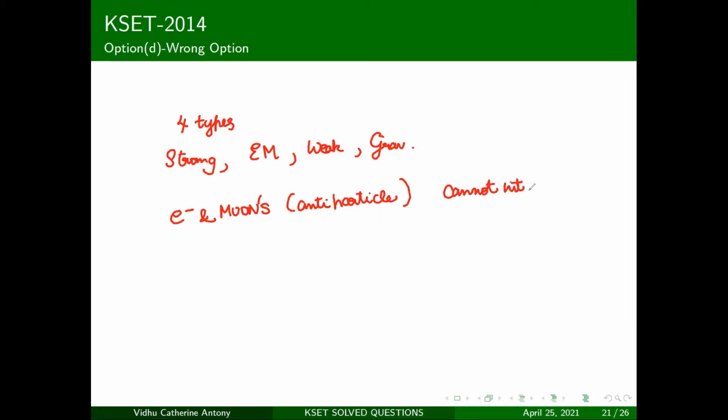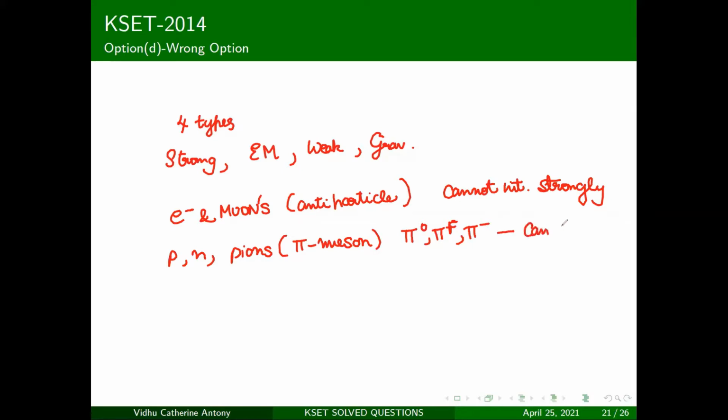The next thing that I want to say is that protons, neutrons, and pions, or pi mesons, which we just came across, pi 0, pi plus, pi minus, can interact strongly and are called hadrons. What are they called? They're called hadrons.